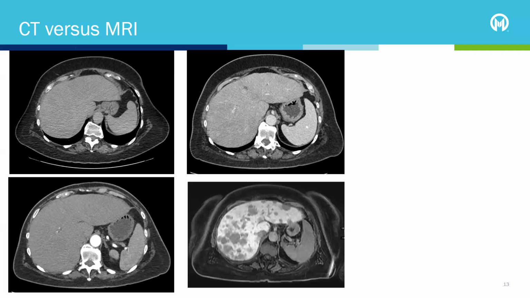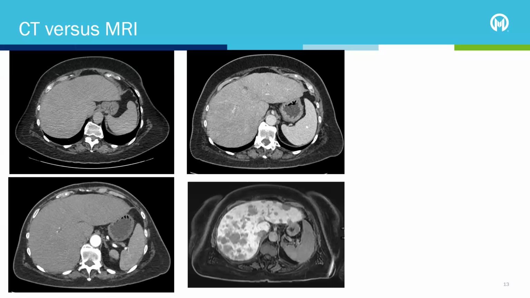The liver cells grab onto the molecule and transport it into the liver cell and into the bile ducts. And so about 20 minutes after you inject it, the liver gets extremely bright. Everything that looks bright is normal liver. But when you have tumor in the liver, it doesn't do that. So these tumors stand out as being dark. And so the EVIST contrast lets us find metastases in the liver.